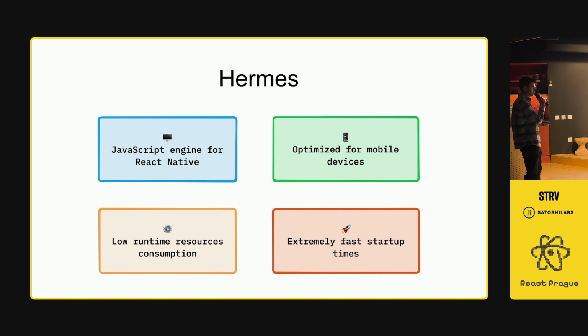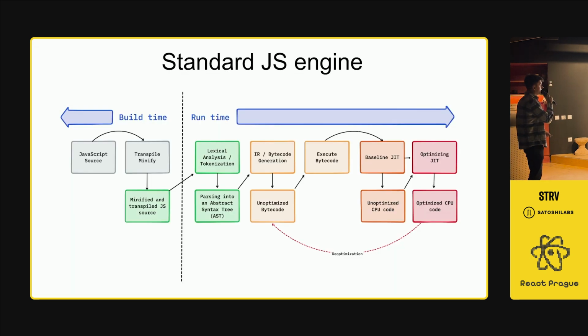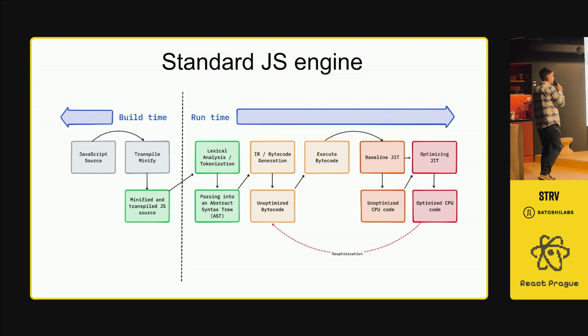So this is the reason why Hermes was created. And to understand why it was slow in the first place, let's look at this standard JS engine diagram again.